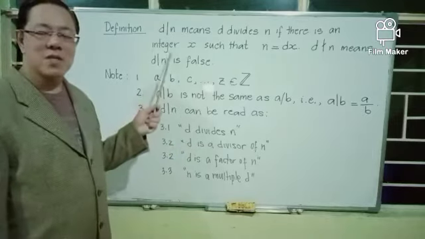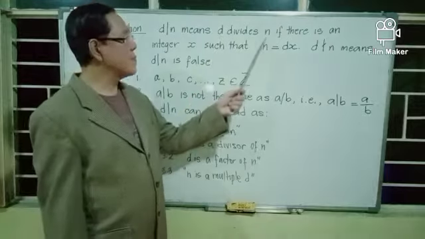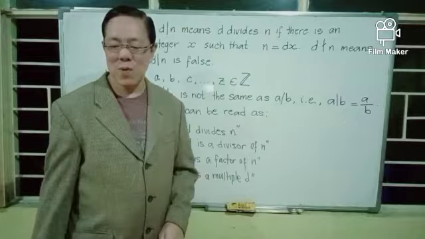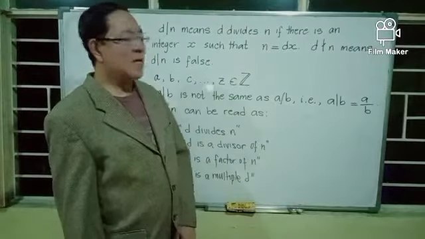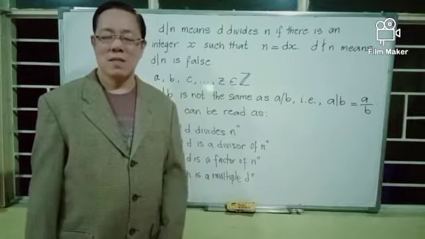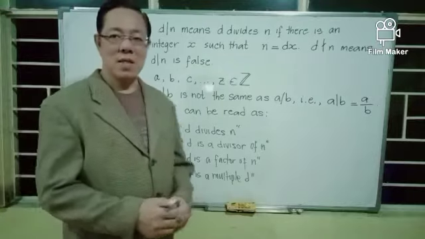In this definition, the letter d is an integer, letter n is an integer. And when you say d divides n, and you want to write that in notation using the operation division, we write it this way.